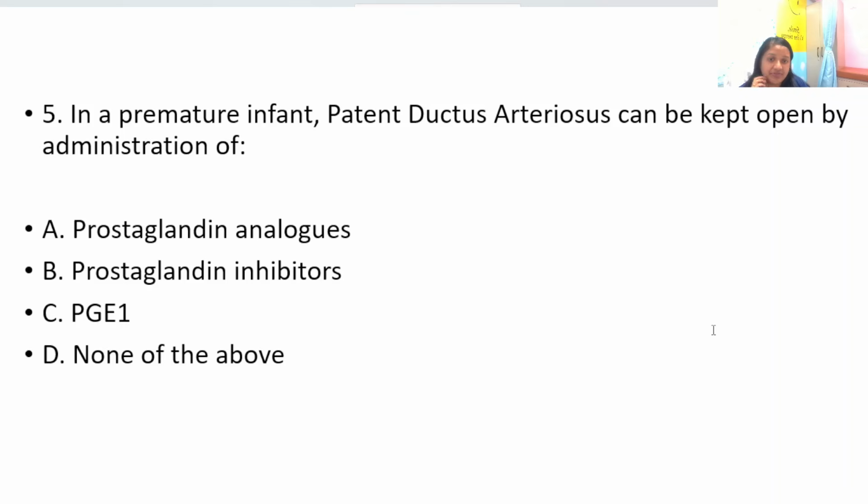In a premature infant, patent ductus arteriosus can be kept open by administration of, so prostaglandin analogs, prostaglandin inhibitors, PGE1 or none of the above.